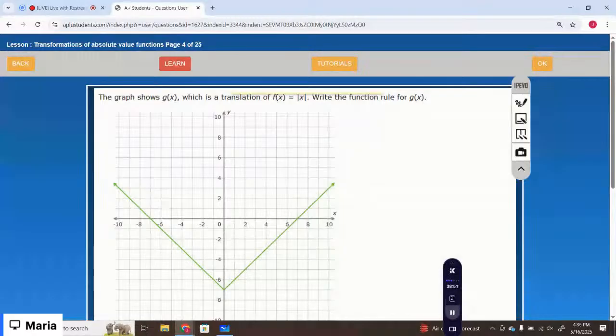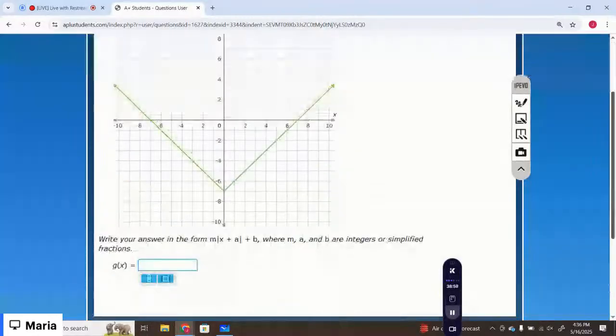The graph shows g of x, which is a translation of f of x equals absolute value of x. Write the function rule for g of x.